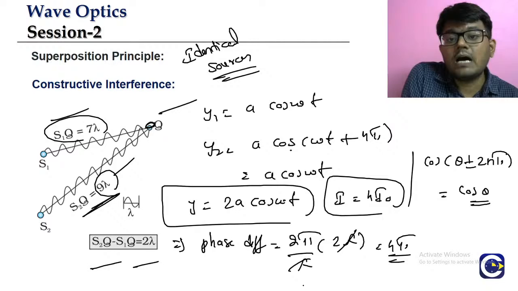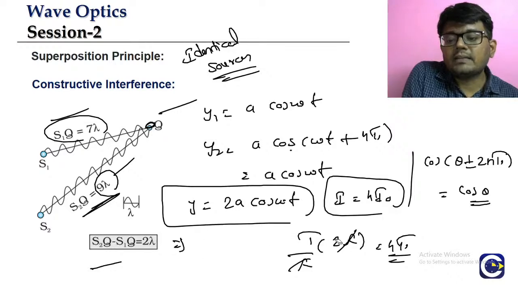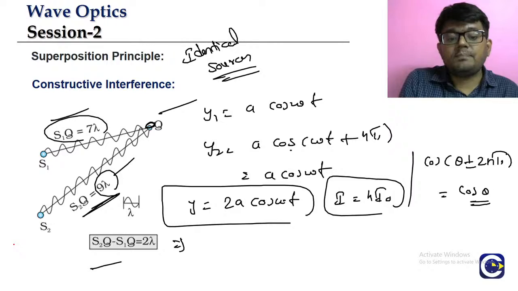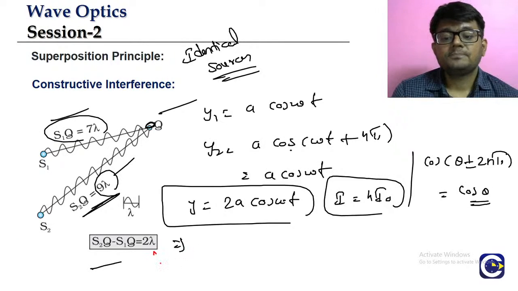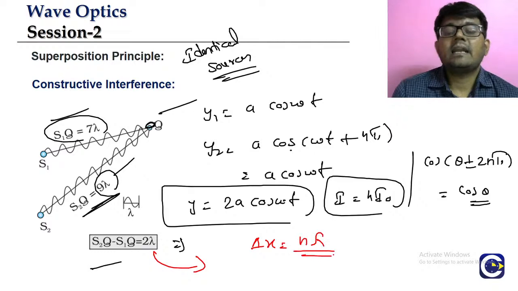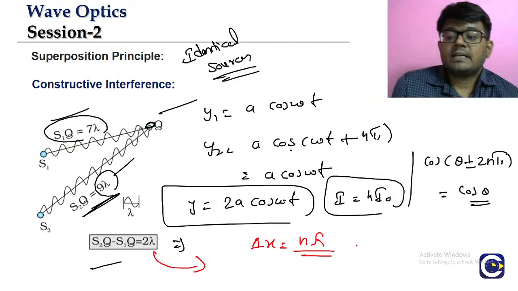So here we are able to have constructive interference not only when the path difference is 2 lambda, but if the path difference is lambda, 3 lambda, 4 lambda, or n lambda, where n is an integer.